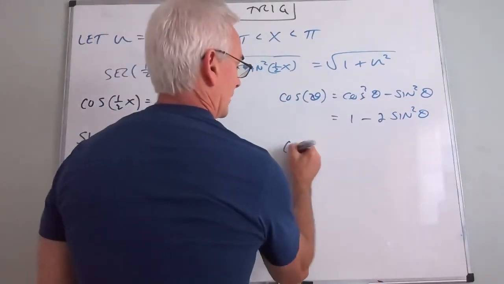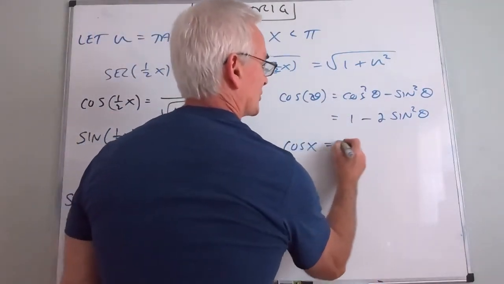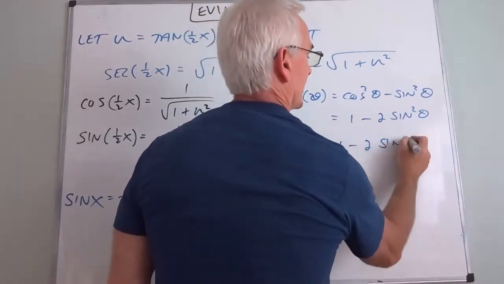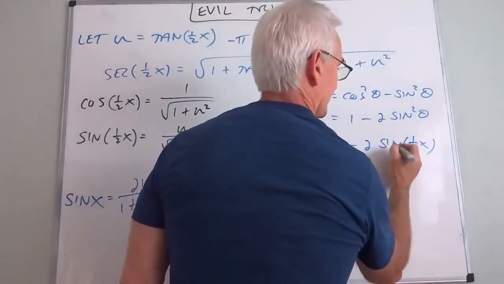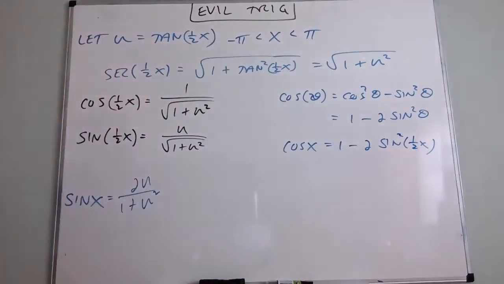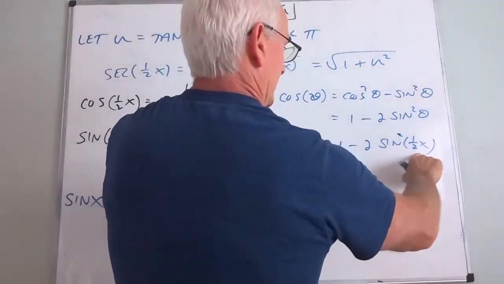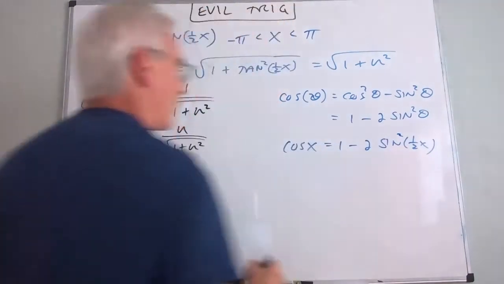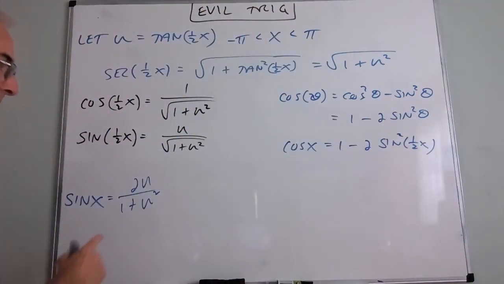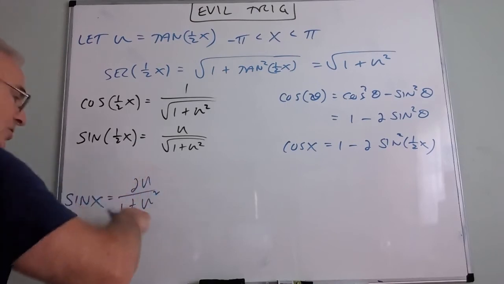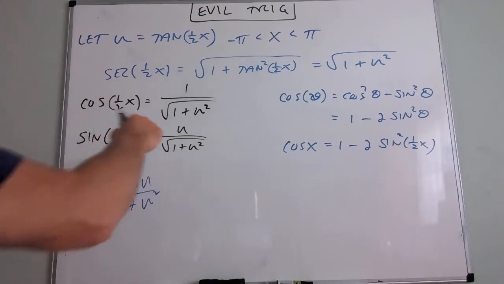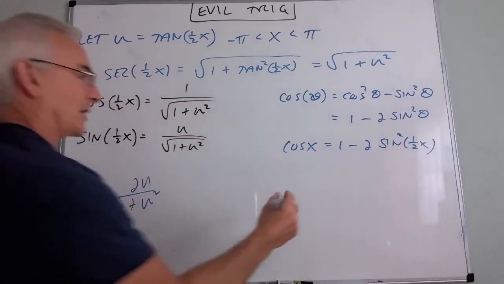Therefore, the cosine of x should be 1 minus 2 times the sine of a half x squared. Using the same reasoning, that angle is twice as big as that angle. So now I need to do 1 minus 2 times the square of this. So let's write that out.